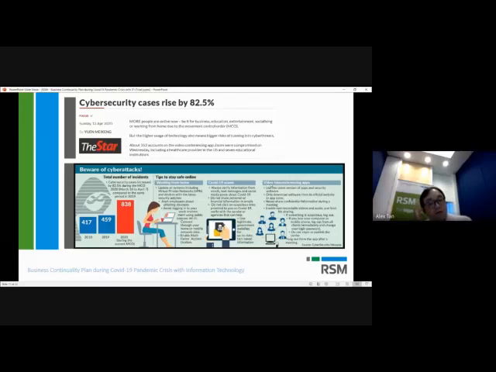As you can see, this is some of the news extracted from The Star. There was a rise in cybersecurity cases in the month of April alone, up by 82.5% due to the MCO period.